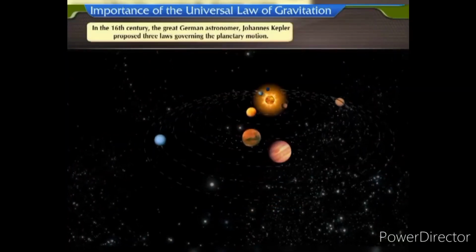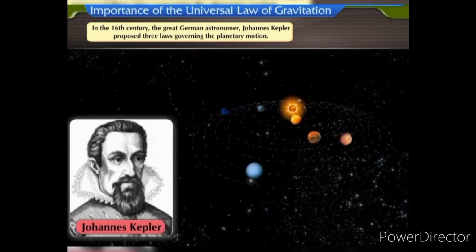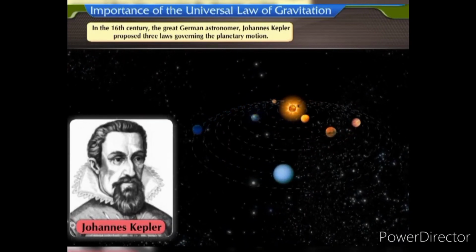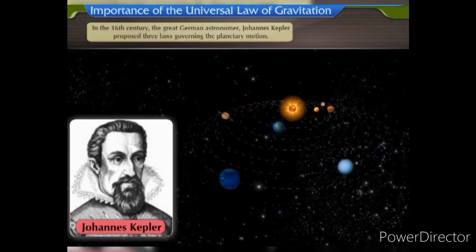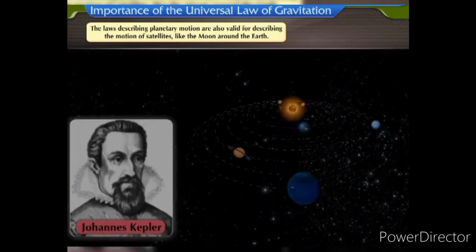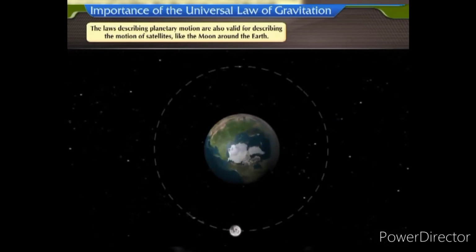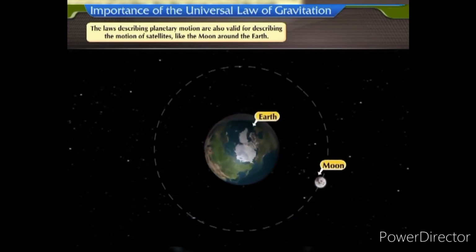In the 16th century, the great German astronomer Johannes Kepler proposed 3 laws governing the planetary motion. The laws describing planetary motion are also valid for describing the motion of satellites, like the moon around the earth.